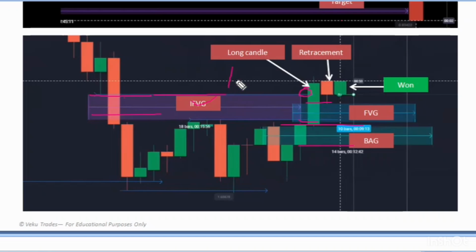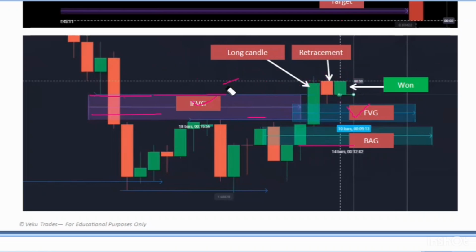So inverse fair value gap plus FVG plus we also have the breakable gap. So we have many plus points. So this candle is within the rejection from the inverse fair value gap, and also this third candle is an unusual candle. So this is the long candle here, so we have to wait for the retracement, right? So we have also discussed that if the candle is unusual, wait for the retracement. So retracement here, after retracement the candle went up here.